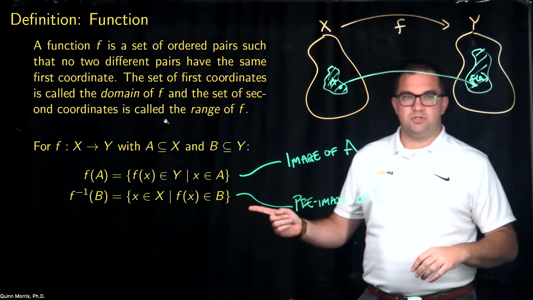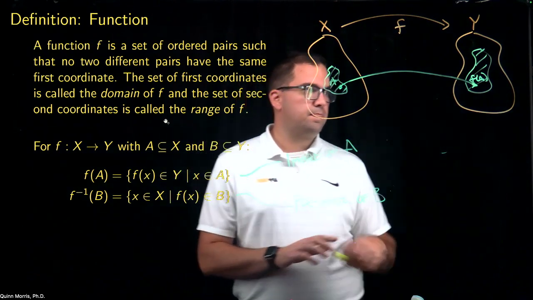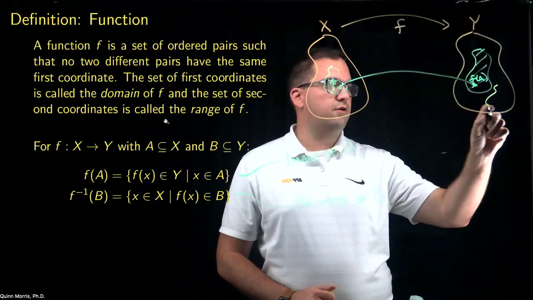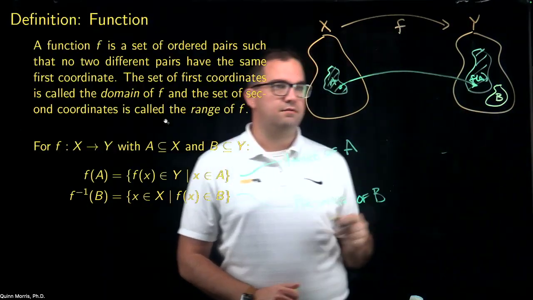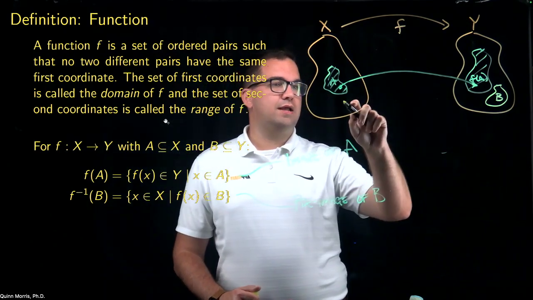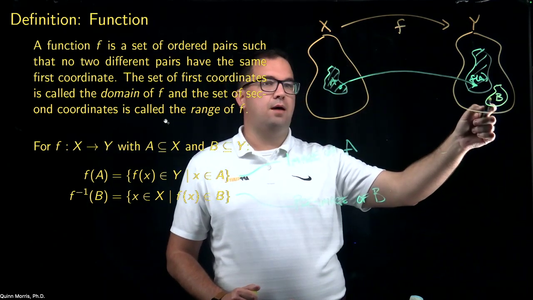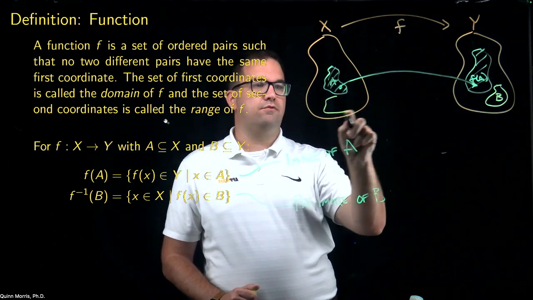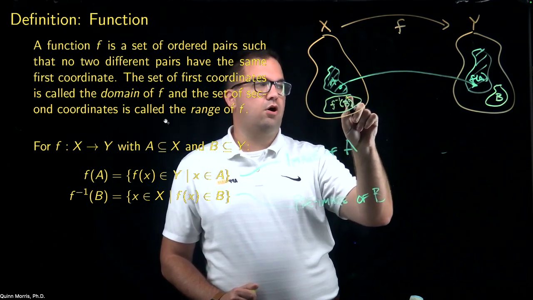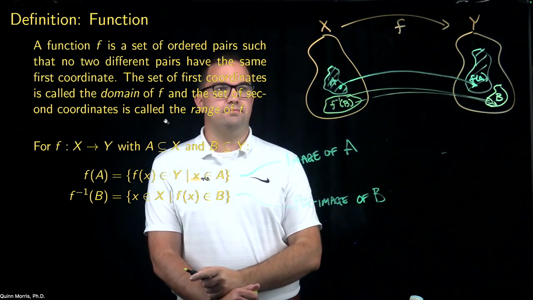Now, the preimage does sort of the reverse. So the preimage says, well, let's look at some set sitting over here, say B, in the codomain, and let's look at all the things over here in X that when you map them end up in B. So over here, I might have f inverse of B, and these are all the things that end up getting mapped over into B here.